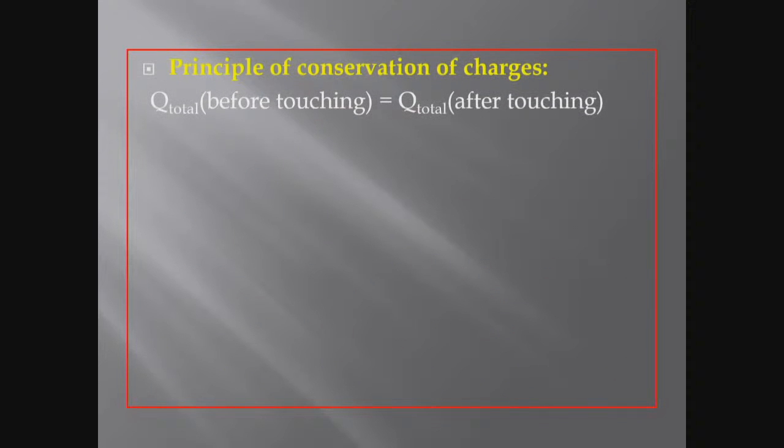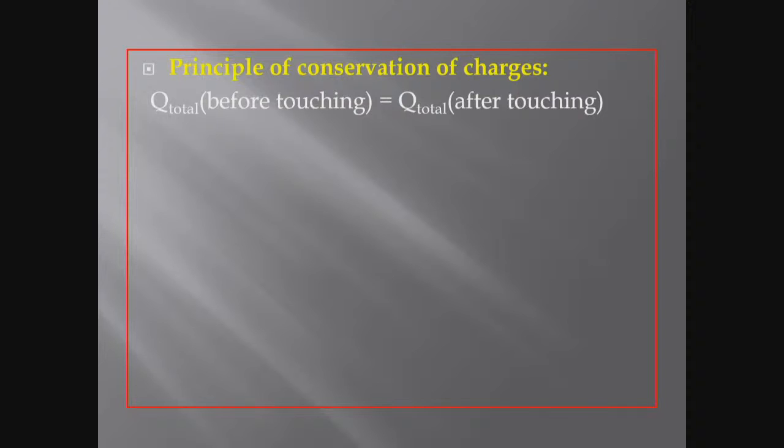Now, the principle of conservation of charge is often asked, and you must use it to get the net charge on each sphere after 2 charged spheres that were touching each other are removed again from each other, and now you must calculate the net charge on each sphere.